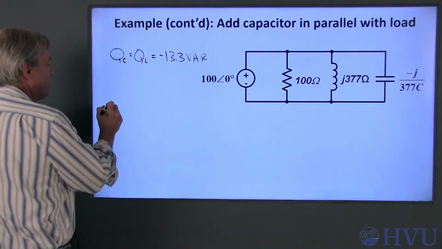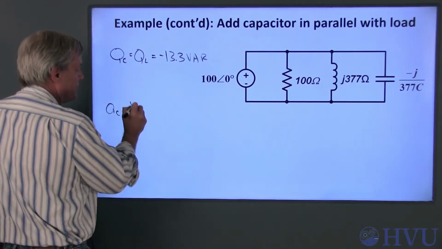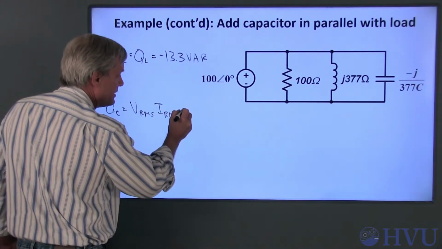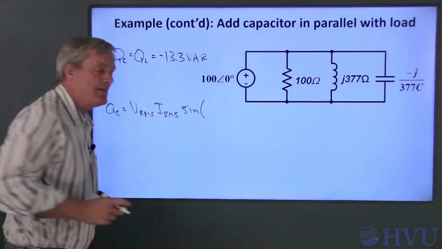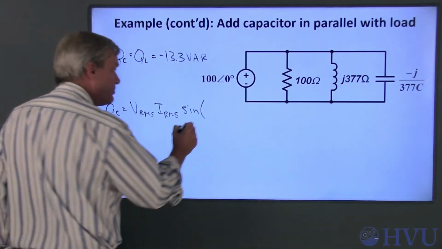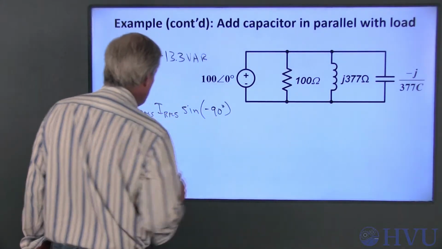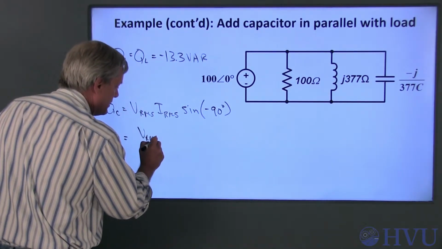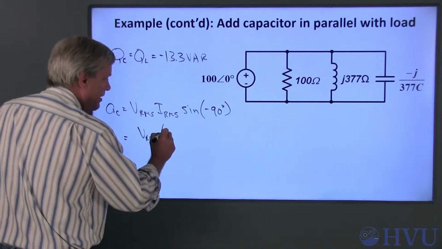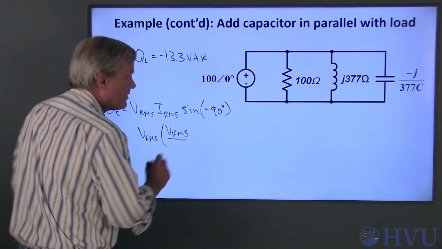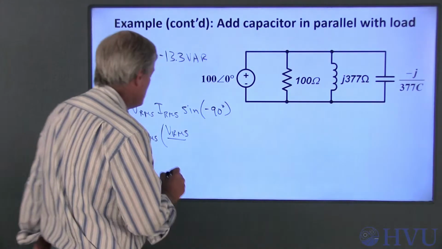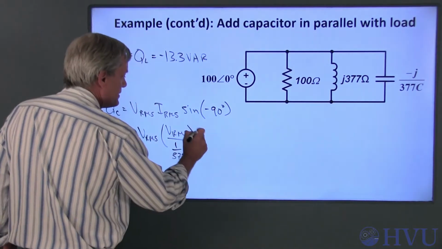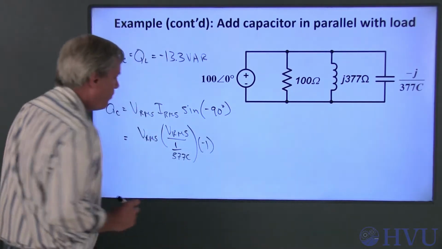The capacitor power, Q sub C, is equal to the capacitor RMS voltage times the capacitor's RMS current times the sine of the phase difference between voltage and current, which for a capacitor is always minus 90 degrees. This becomes V RMS times I RMS, which is V RMS over the magnitude of this impedance, 1 over 377C. Sine of minus 90 is minus 1.